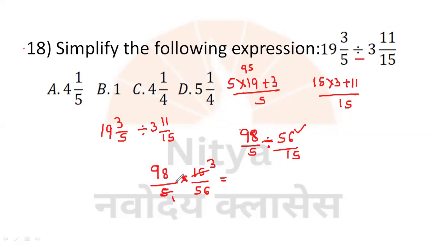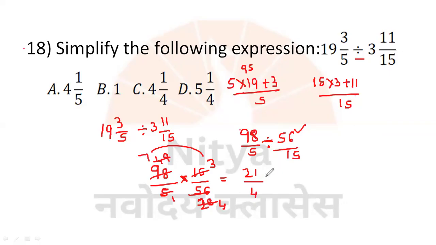Okay, and 2 28s are 56, 2 49s are 98, and 7 4s are 28, and 7 sevens are 49. So what remains? 7 and 3. 7 threes are 21 and 4 in the denominator.